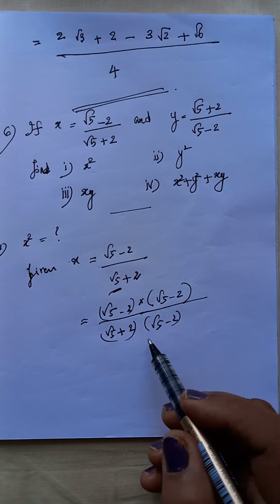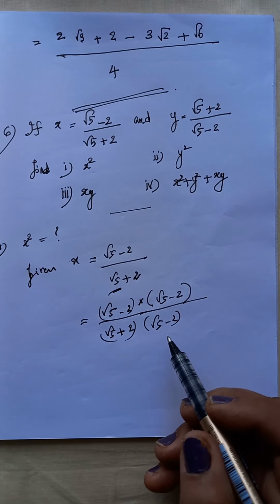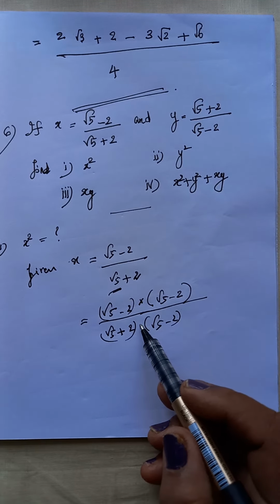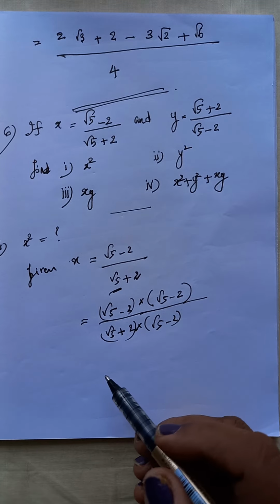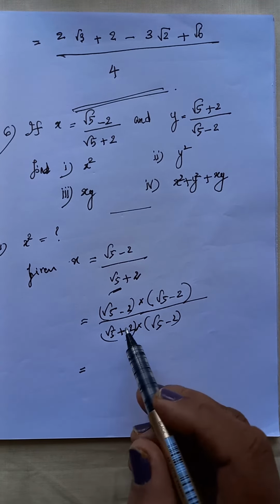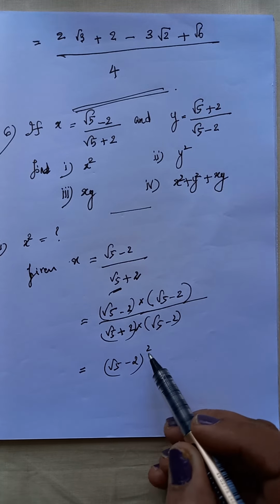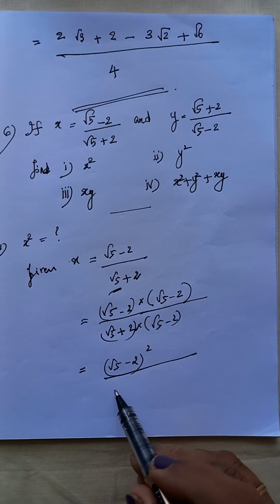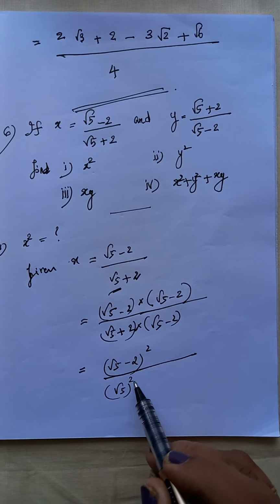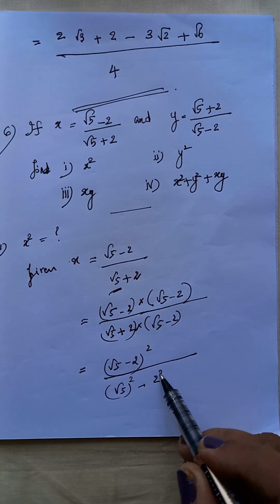We have to multiply the denominator with that conjugate, root 5 minus 2, and at the same time we can multiply the numerator also with root 5 minus 2. This is equal to root 5 minus 2 whole square divided by, here, a plus b into a minus b form, so root 5 square minus 2 square.